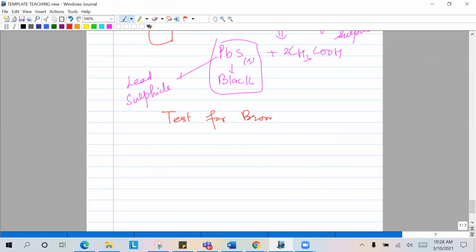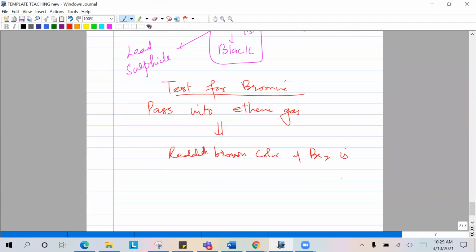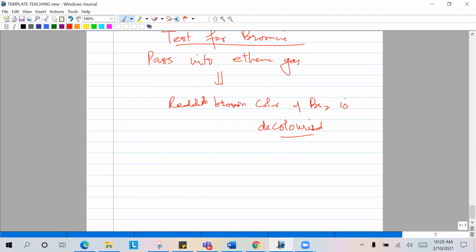Test for bromine. Pass into ethene gas or solution, whatever you want to say. What will happen is the reddish brown color of bromine is decolorized. Why is that happening? We know it. This is actually used as a test for alkenes or unsaturation.